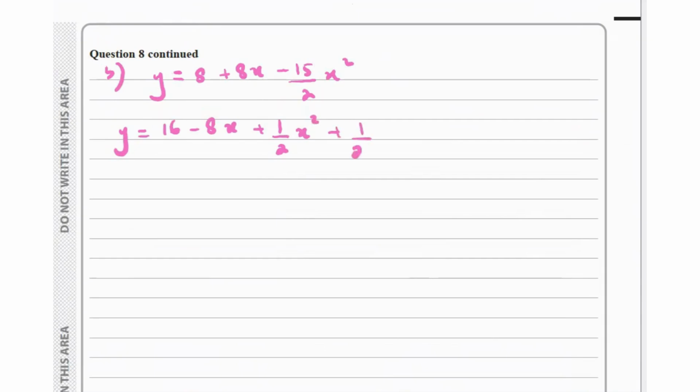So let's prove this now. One equation is y equals 8 plus 8x minus 15 over 2x squared. The other equation is y equals 16 minus 8x plus 1 over 2x squared plus 1 over 24x cubed.